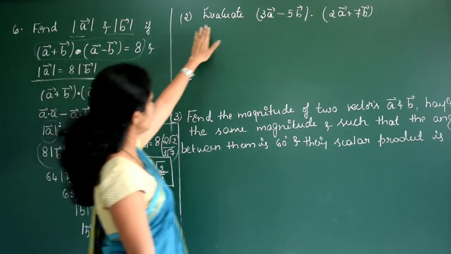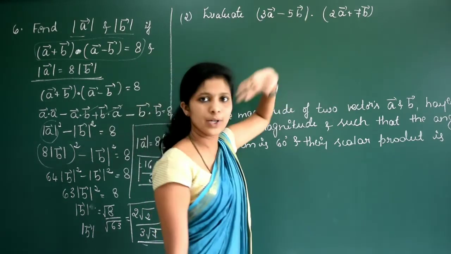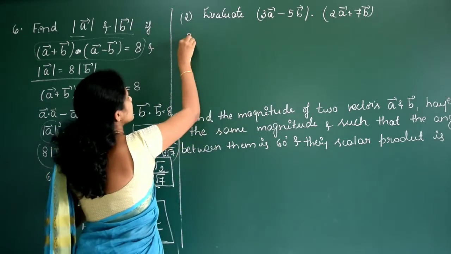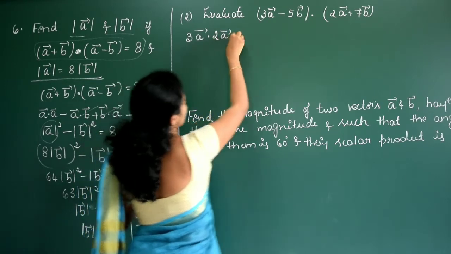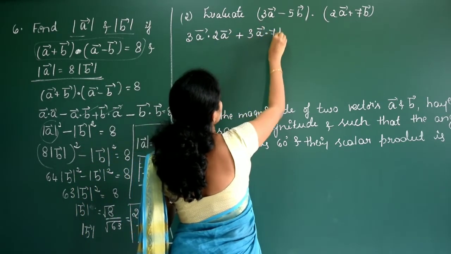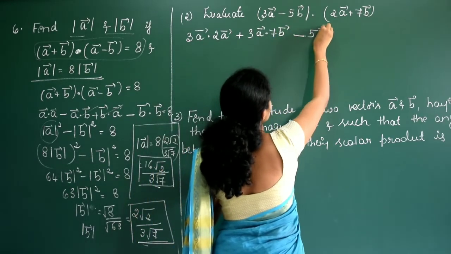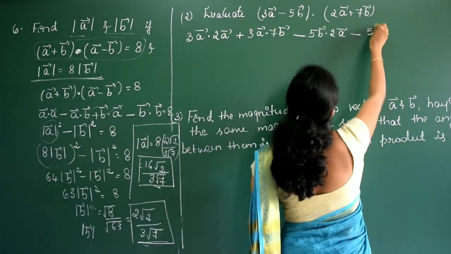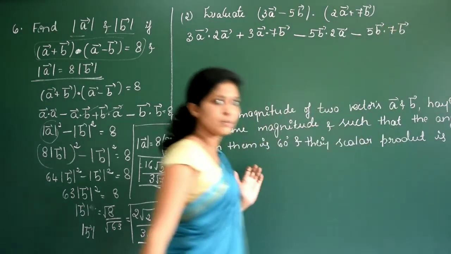Now we'll move to the next one. See, simple it is. Evaluate: two vectors are given and you need to find the scalar product. Just multiply: 3A vector dot 2A vector, then plus 3A vector dot 7B vector, minus 5B vector dot 2A vector, then minus 5B vector dot 7B vector.